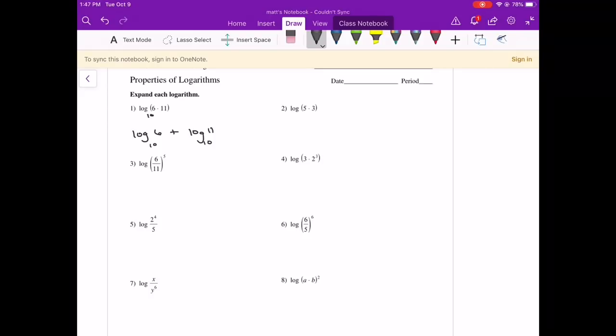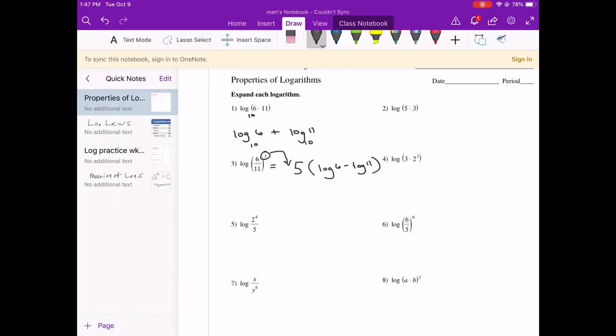All right, moving to number 3, division makes me think subtraction, and that 5 makes me think coefficient that I'm going to multiply by. So this is going to be log, well, my exponent's going to end up going out front, so 5 times the difference of the two logs, so log of 6 minus log of 11.